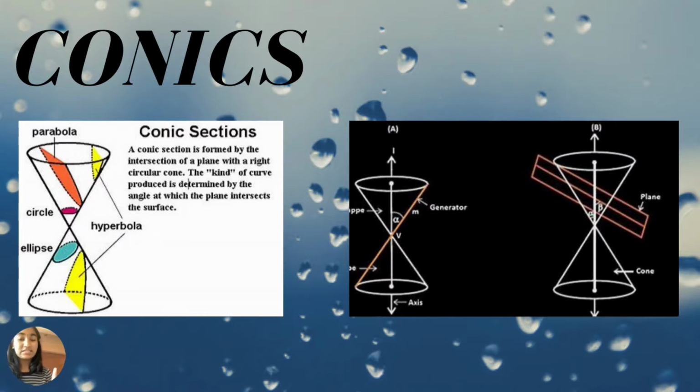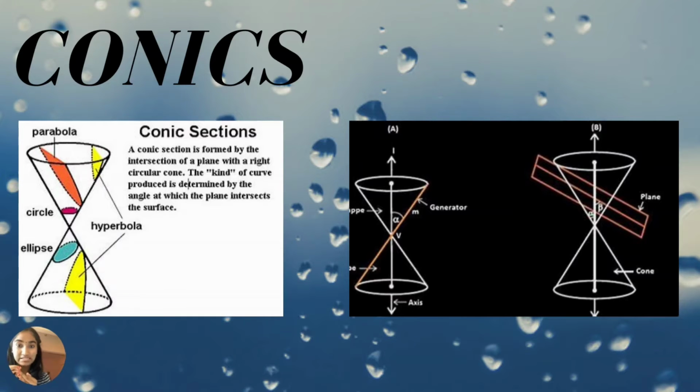Another thing that should be taken into consideration most importantly is beta, the angle between the plane and the axis of symmetry, where we can differentiate what is an ellipse, what is a circle, and a parabola. Do you guys know what is an ellipse, what is a circle, what is a parabola?